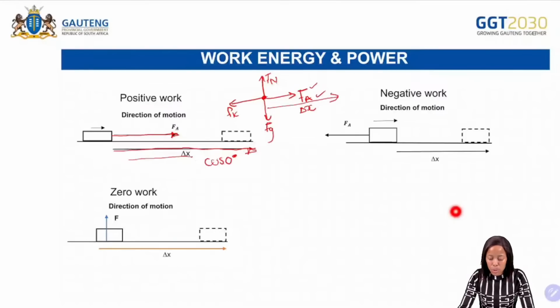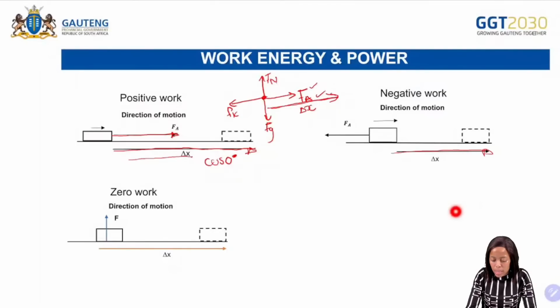But when it comes to negative work, we are saying it is when the displacement, there is your displacement, is in the what? Is in the opposite direction now. Is in the opposite direction of what? Is in the opposite direction of your kinetic friction there. So there is the displacement, and then there is your Fk.